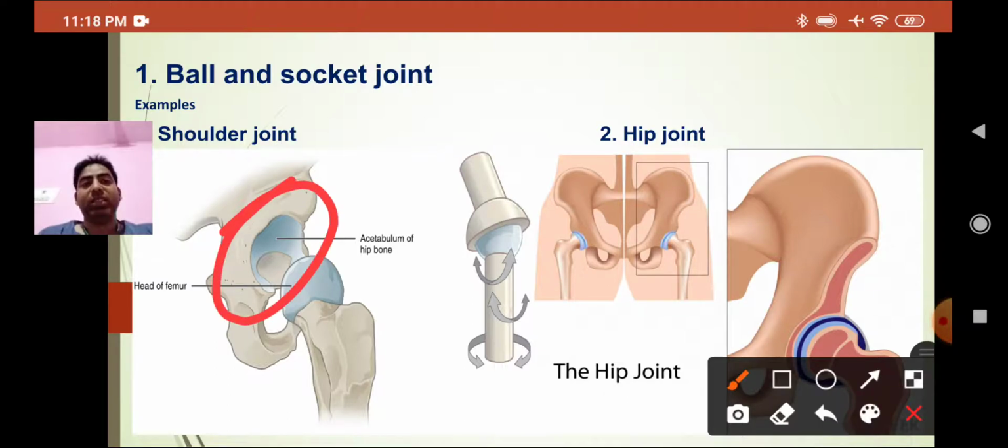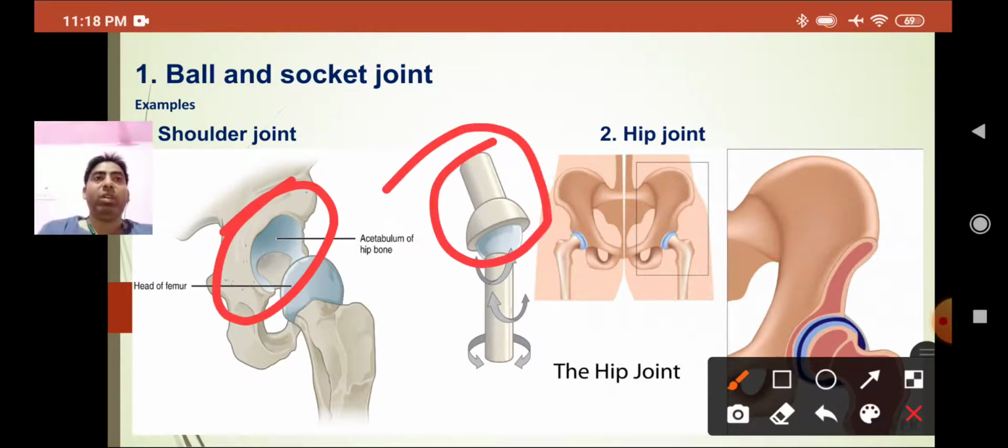You can see this is the hollow cup-shaped socket. This ball is fitted into this hollow joint, and these joints allow maximum movement in all directions.